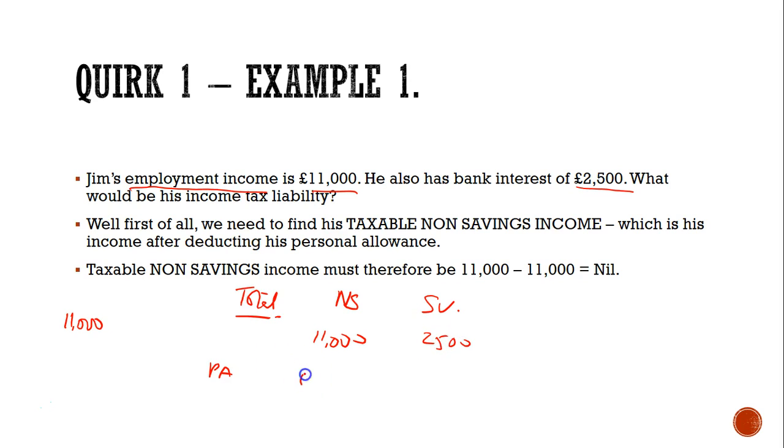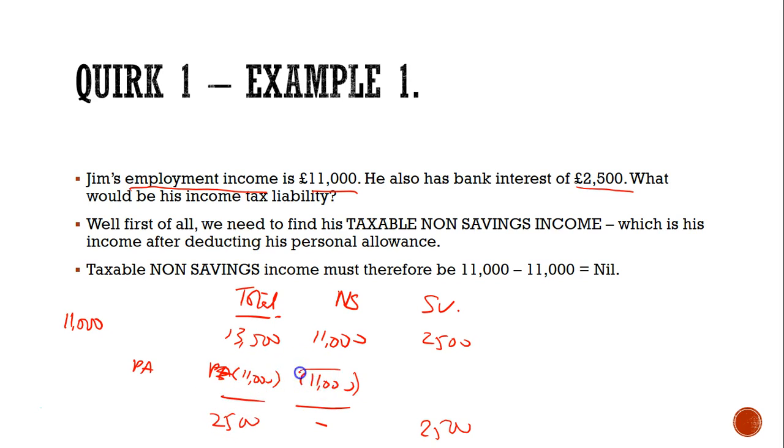The personal allowance is always used up first. So you can see now that what we have here is taxable income of 2,500.